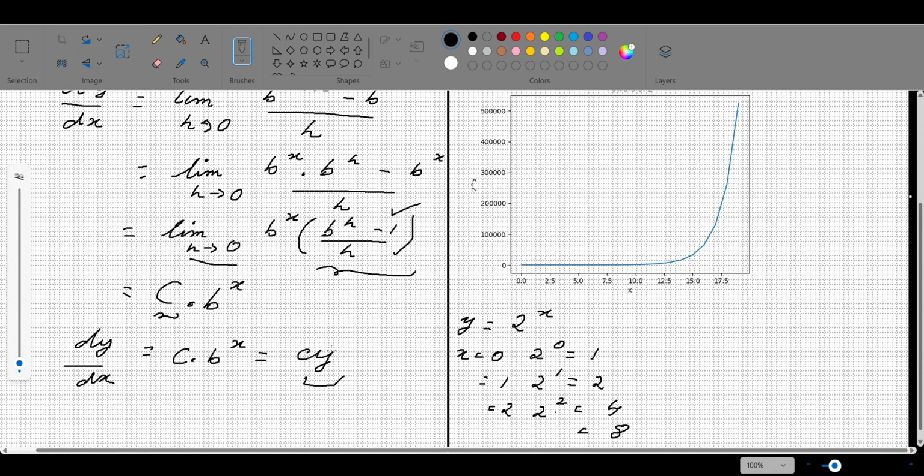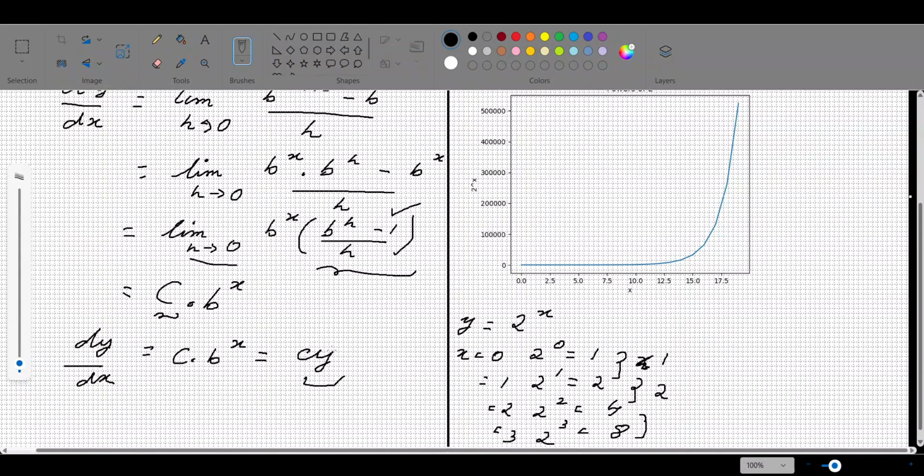And can you see, as x itself is changing by 1, the change in y is also becoming bigger, right? So if you see over here, earlier the change was 1.